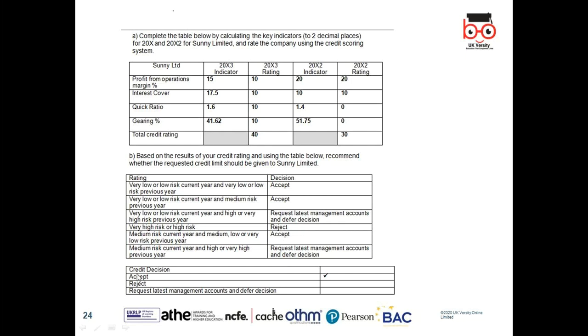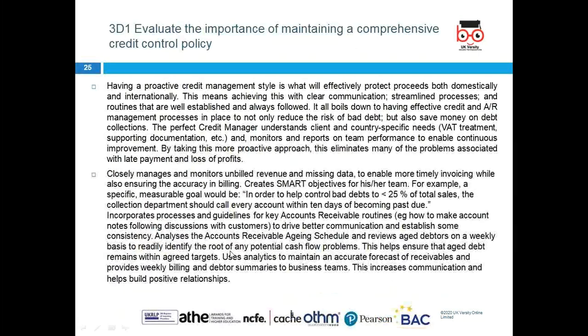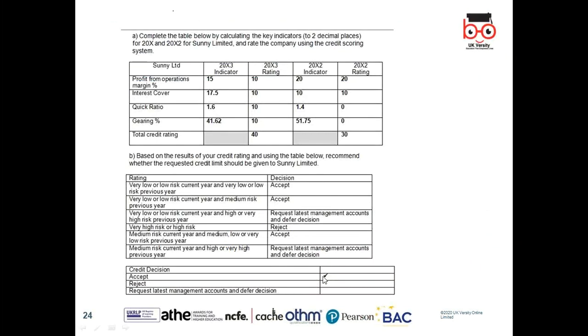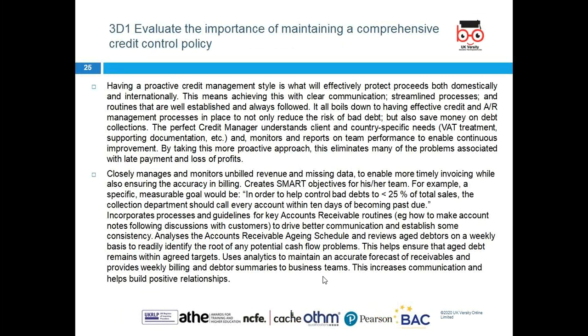Very high risk or high risk is rejected. Medium risk is accepted. So based on their credit score, we can accept this against our policy. We drew up a policy, we did the ratio analysis, and we accepted credit, and we can grant whatever credit is being requested in this question.